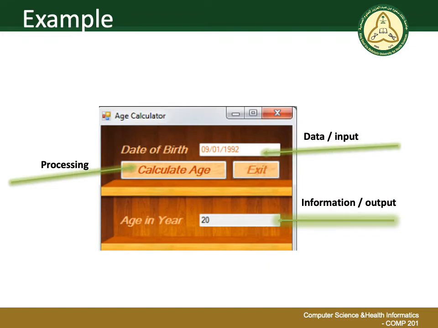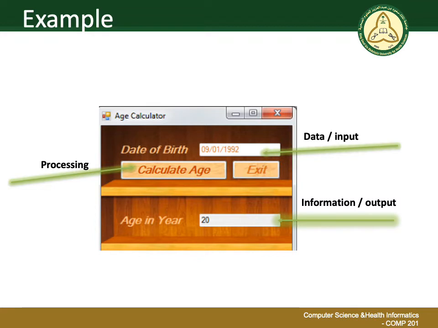Here is a quick example about processing, with input and output. As you see in this example, the input is the date of birth. Then based on the date of birth, we do some calculation, we call it processing, and we can give you your age.